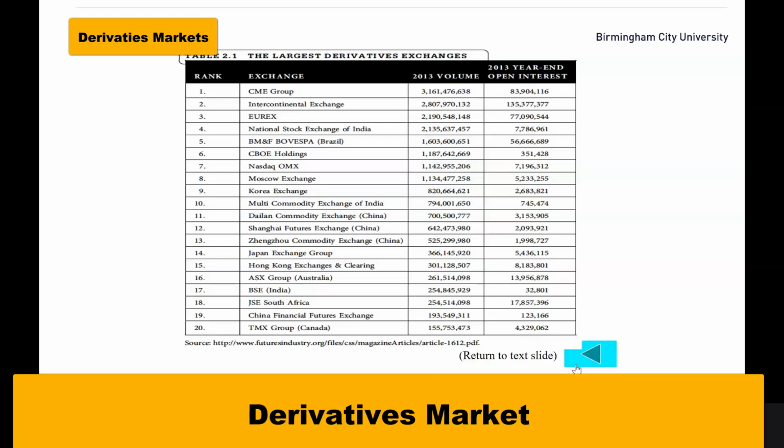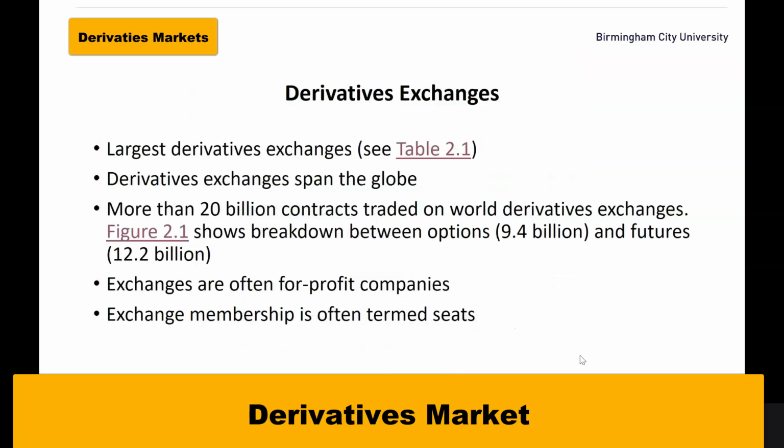The market is becoming quite competitive. So different exchanges are merging. And one of the reasons for this is technology. You don't need a physical location. So now markets across different borders are being acquired or merged.